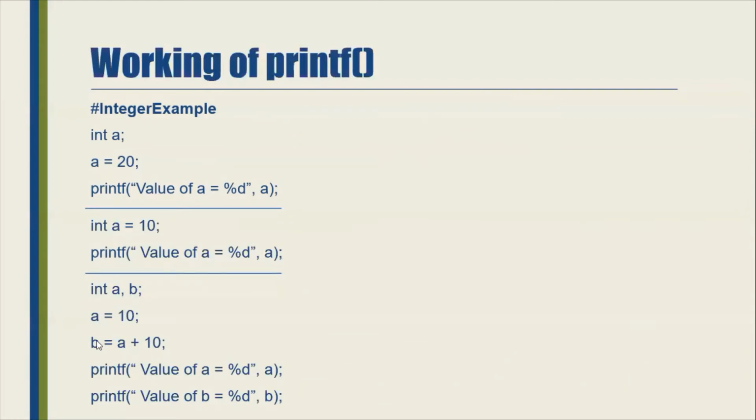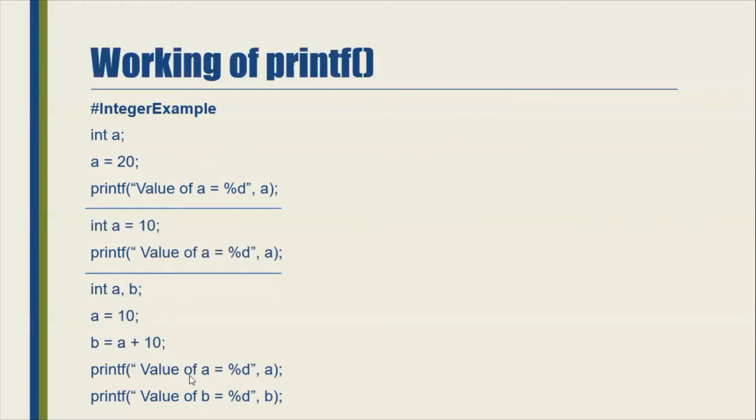So b is not initialized like a, but whatever calculation is done here, the answer will be given to b. The value of a will not be changed, only the value of a will be taken, and the number 10 will be added to it. So what do you get as the answer? a is 10, 10 plus 10 is 20.